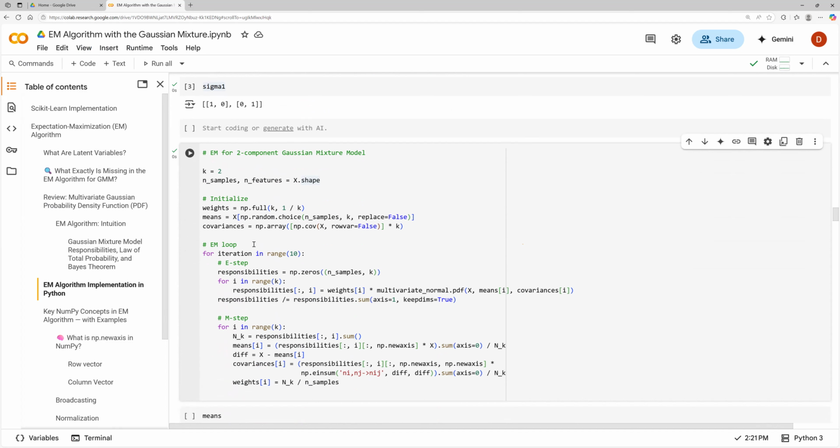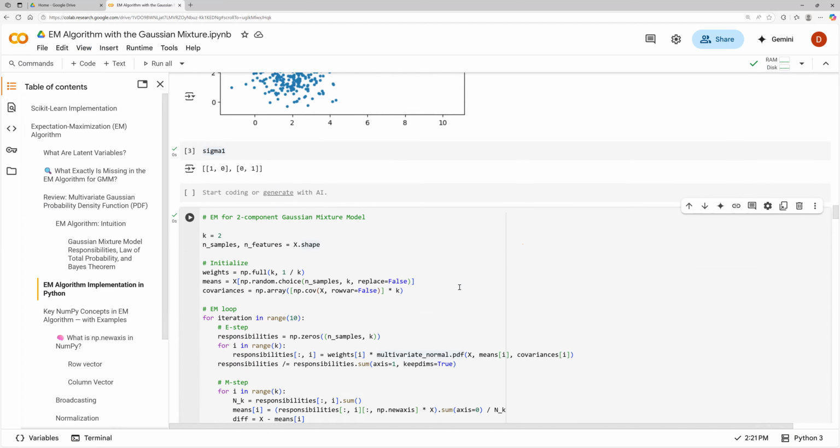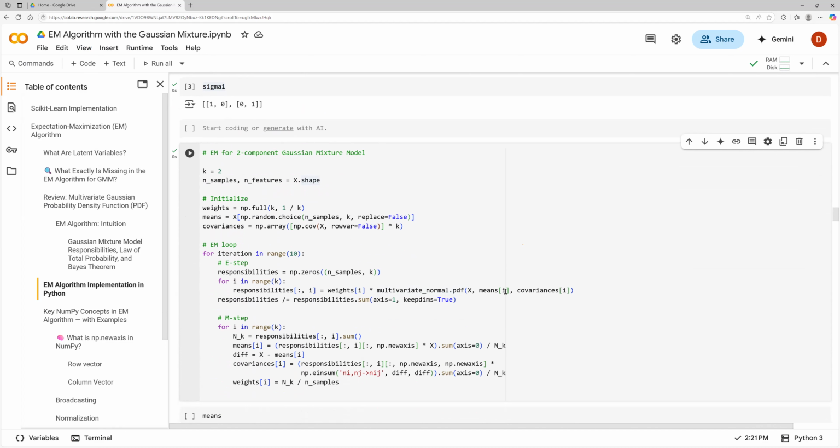We've got this EM loop, where we start off with the responsibilities equal to np.zeros. This here is an initialization. Range 10 is the number of iterations. Range K here is the number of clusters. And we assign weights times the multivariate normal PDF, and then we get the means i, covariance i.